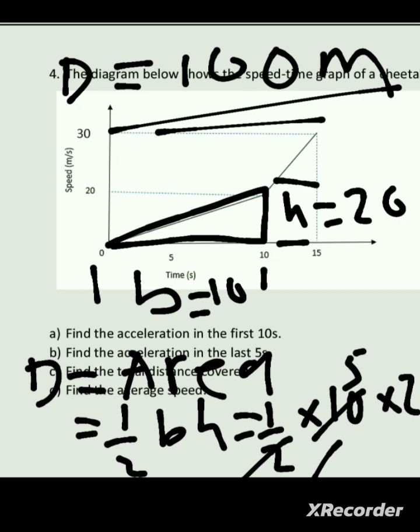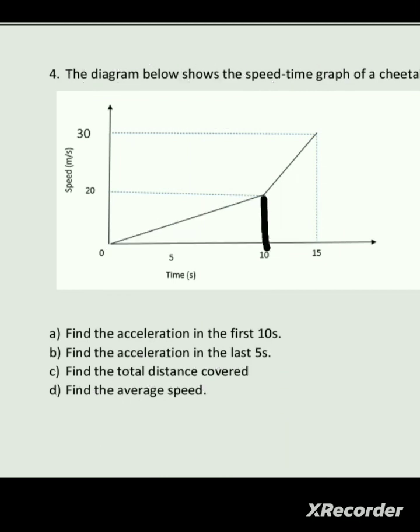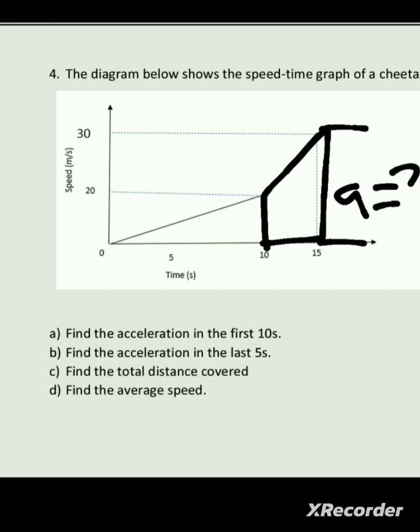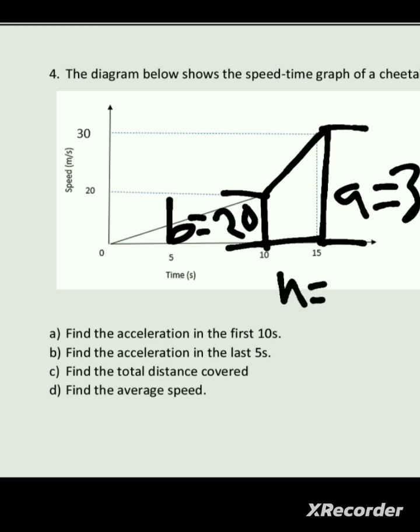We go to the second distance. The second distance is this shape here. Here we have A, which is from here to here, 30 minus 0, so it's 30. Then we also have B, from here to here, which is 20 minus 0, 20. We also have the height, which is from here to here, 15 minus 10, it's 5.